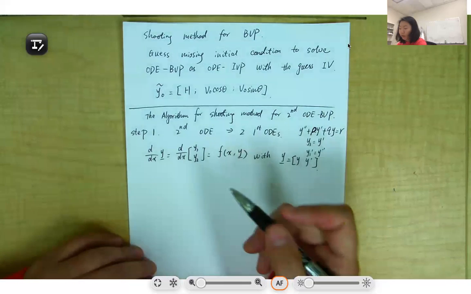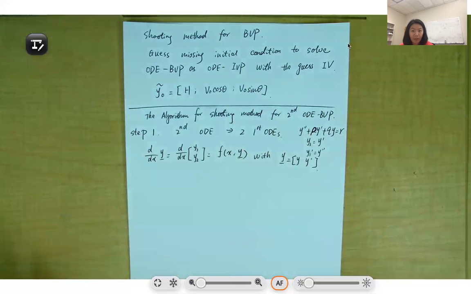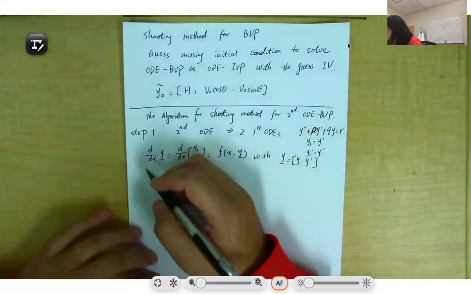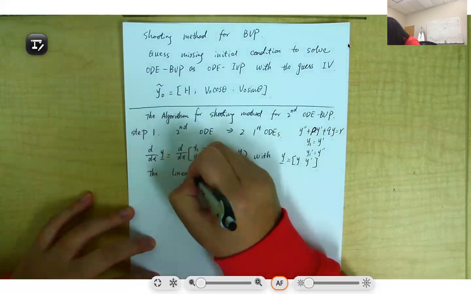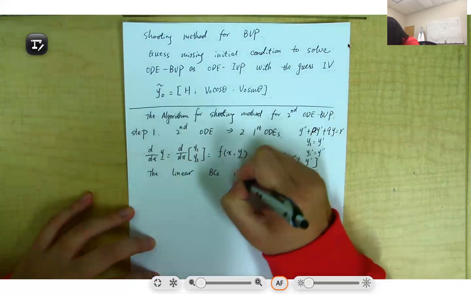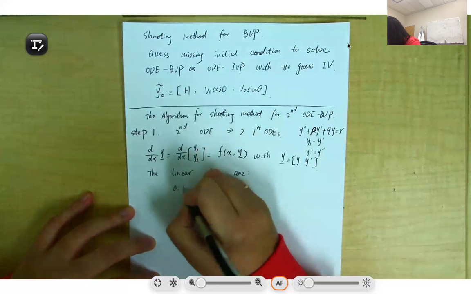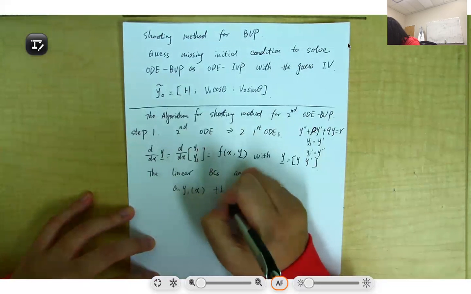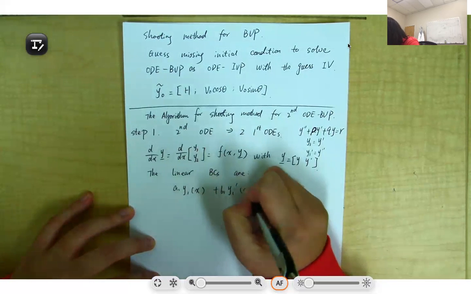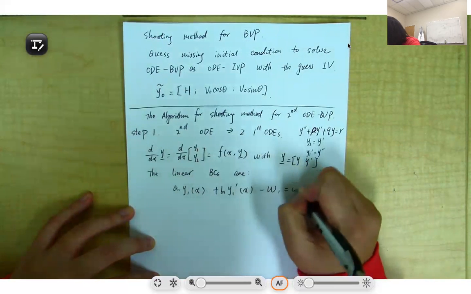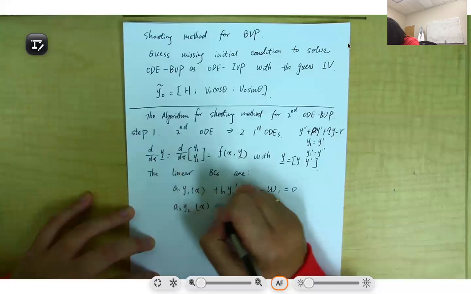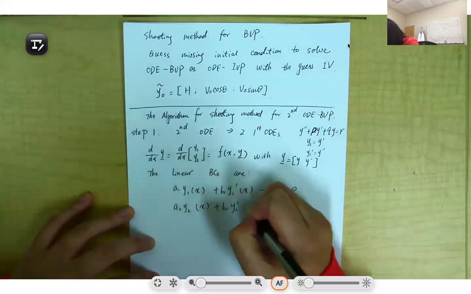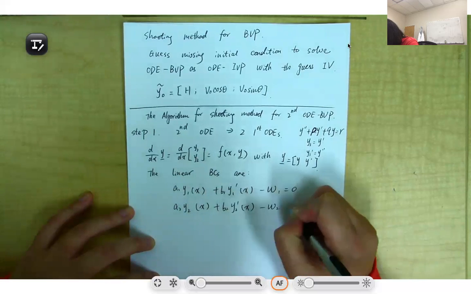Then we will try to figure out what kind of boundary conditions the problem gives us. We can write them as a linear combination: a1 y1 of x plus b1 y1 prime of x minus w1 equals 0, and a2 y2 of x plus b2 y2 prime of x minus w2 equals 0.